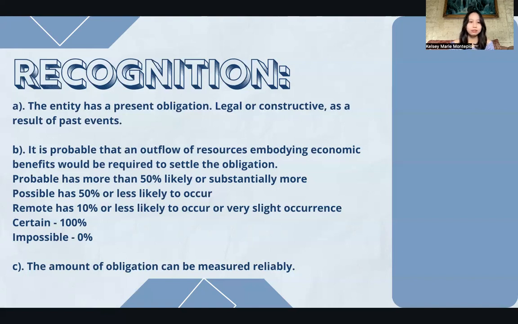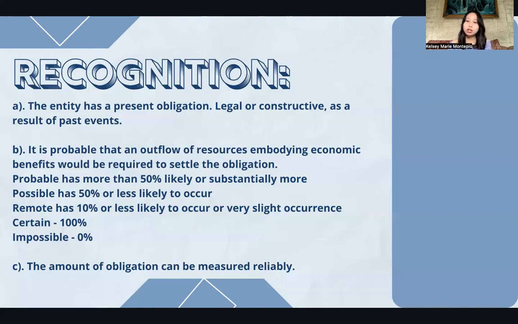We have here five levels. The first one, probable, is more than 50% likely or substantially more. Possible is 50% or less likely to occur. Remote is 10% or less likely to occur, or a very slight occurrence.